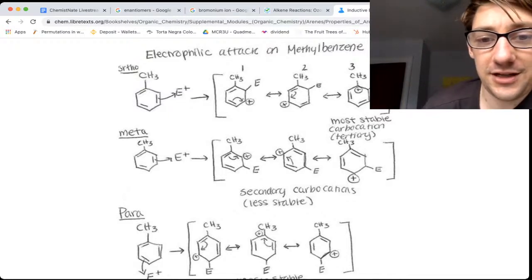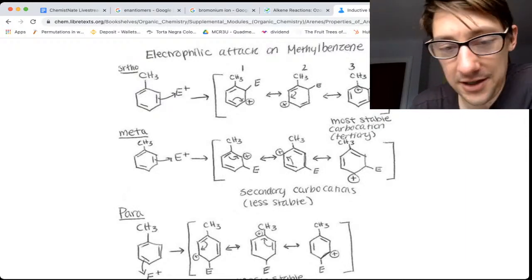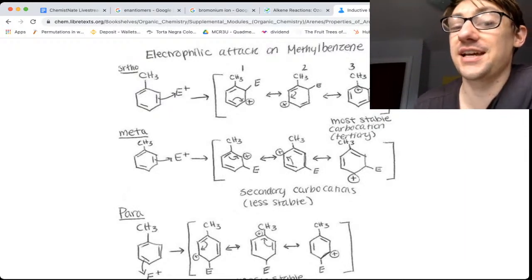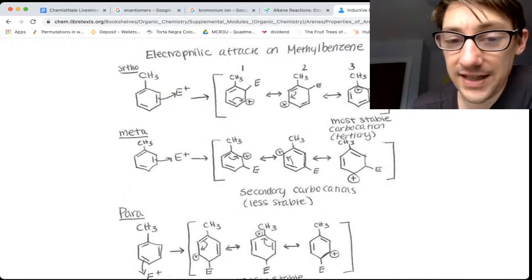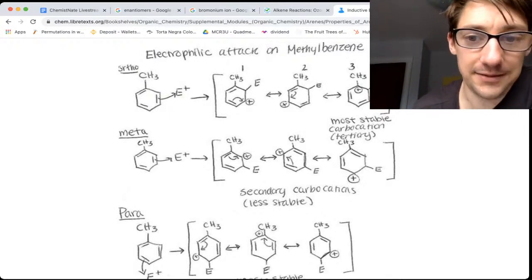So when you have the carbocation on one carbon, that positive charge can also be drawn on alternating carbons around the ring.